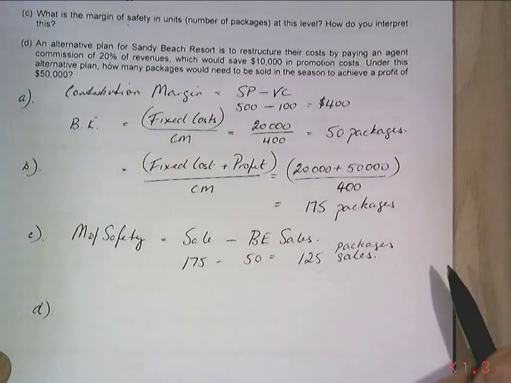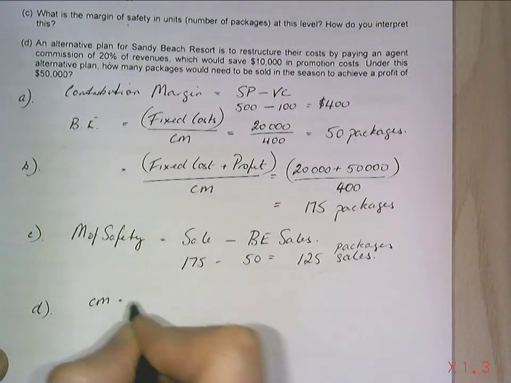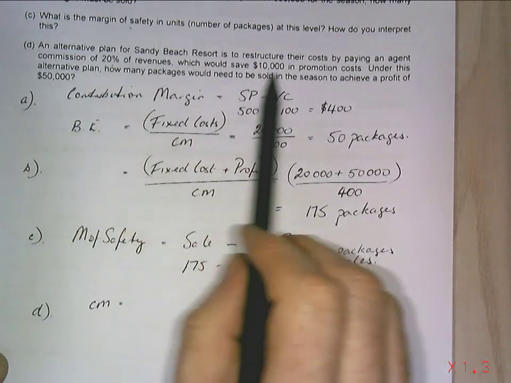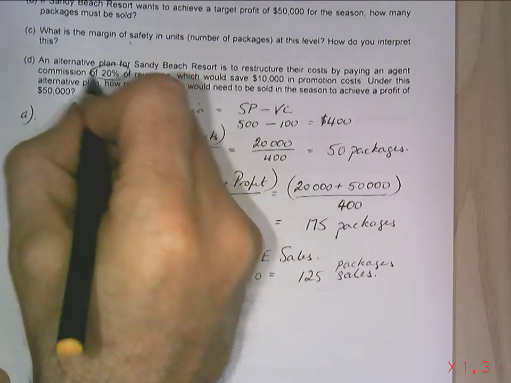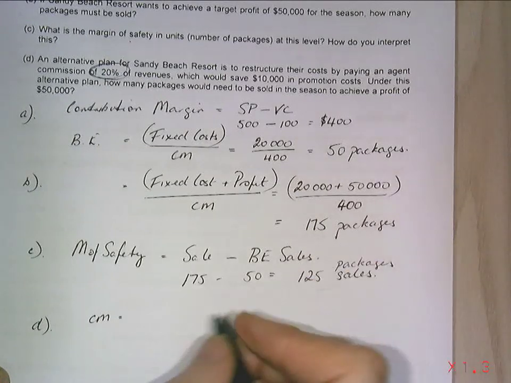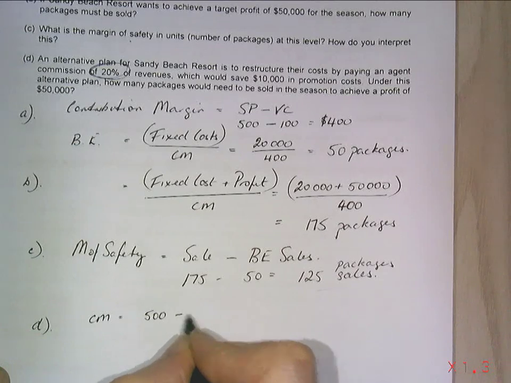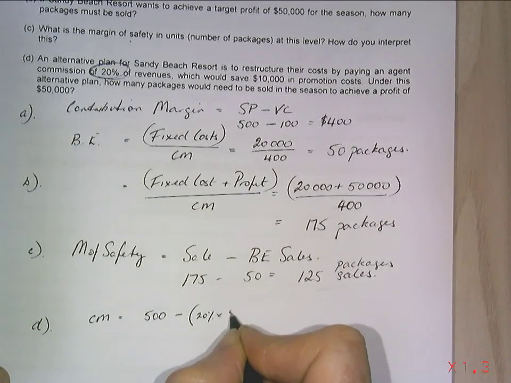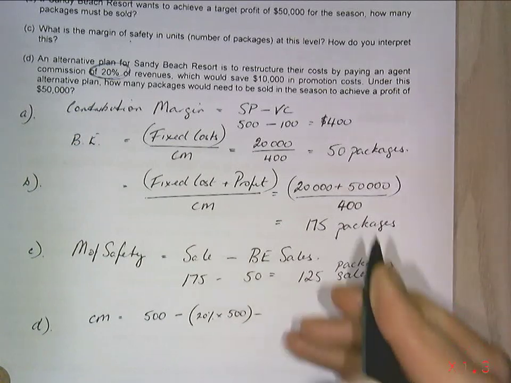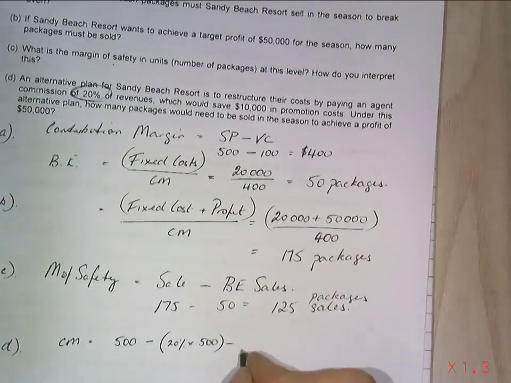Okay, so let's see. First, we need to calculate the new contribution margin. Now, my selling price hasn't changed, but we've got this 20% of commissions here. So it's still $500, which is my selling price, minus my commissions of 20% times 500, minus my original variable costs of $100 for each package.